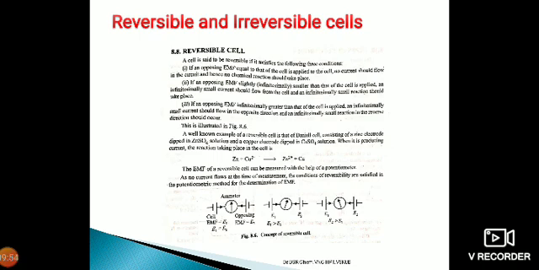The third condition is if an external EMF slightly lower than the actual EMF of the cell is applied to it, a very small amount of current will flow, corresponding to a very small amount of chemical change taking place in the cell. So in diagram 2 we can observe that E1 is greater than E2, and the cell reaction goes on in a very slow manner.